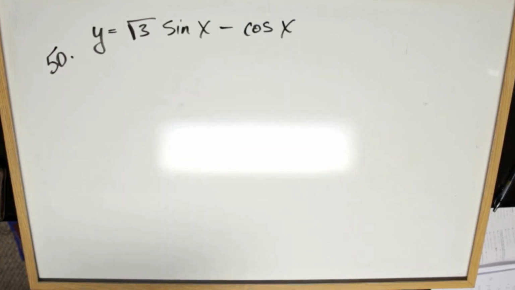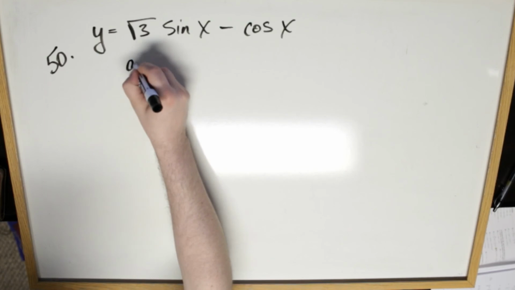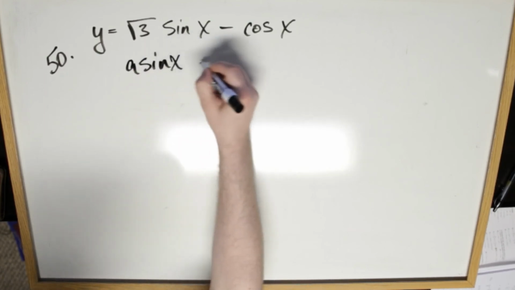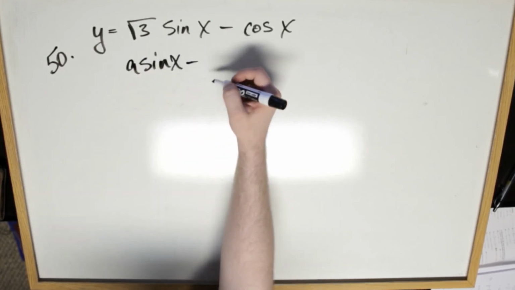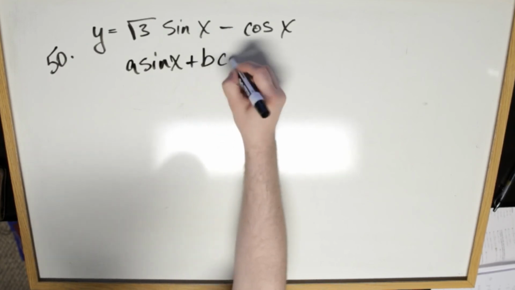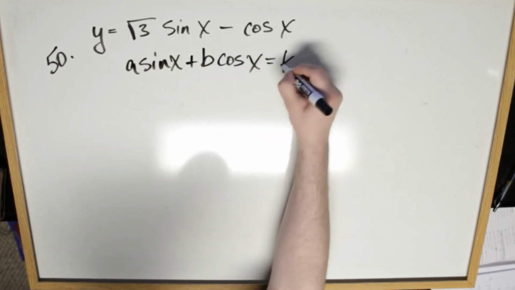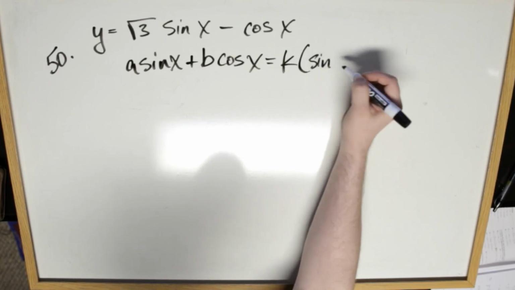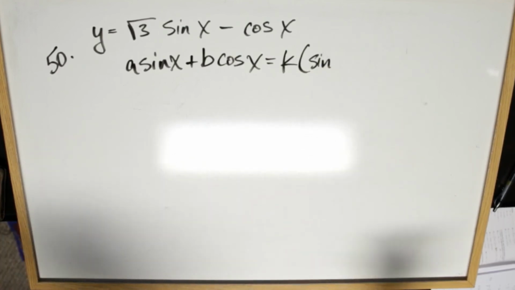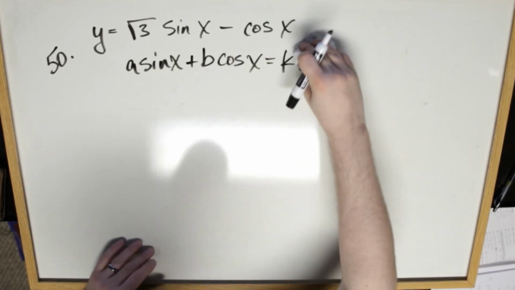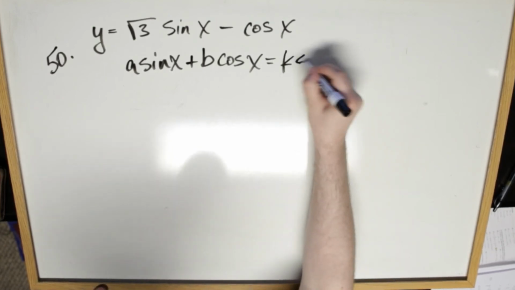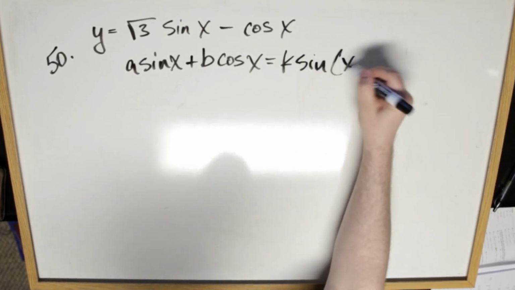So what we can do is represent just some of the pieces right off the get-go. So this is the formula: a sine x plus b cosine x is equal to k times sine of x plus alpha.